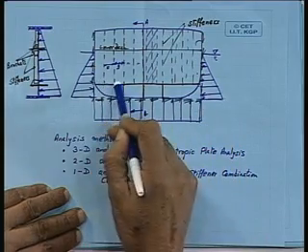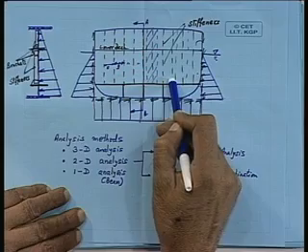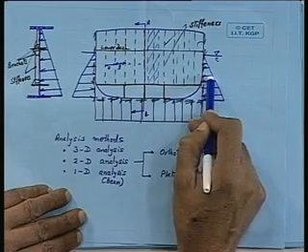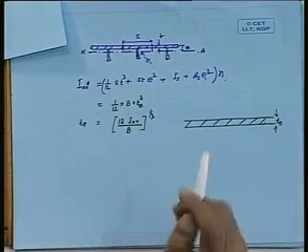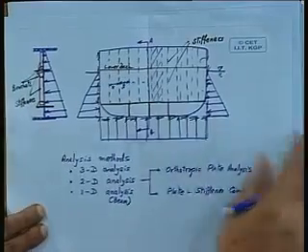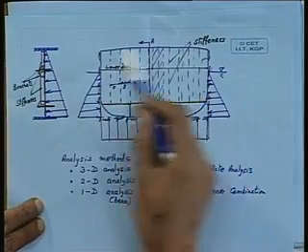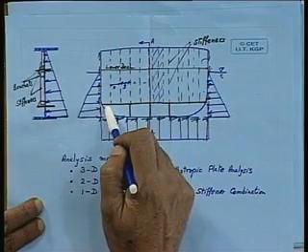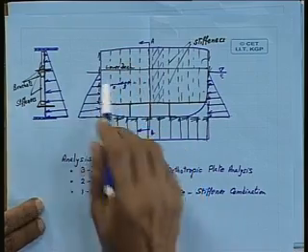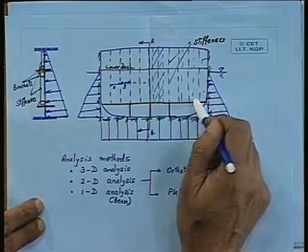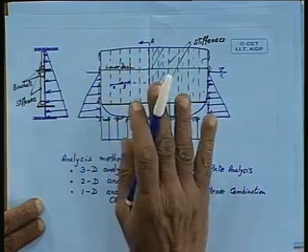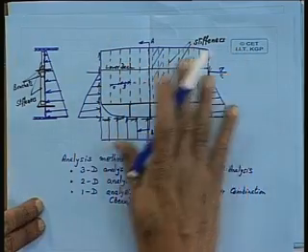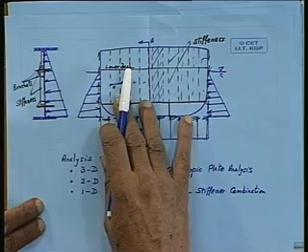The brackets are put only at these points, okay, not all along, and therefore, if we try to analyze it on the basis of plate stiffener combination and use a finite element method of analysis, then we can simulate the true picture of this. Okay. We will be in a position to simulate the true picture of it and try to analyze with that particular method to get the deflection, shear force and the bending moment at any desired location.